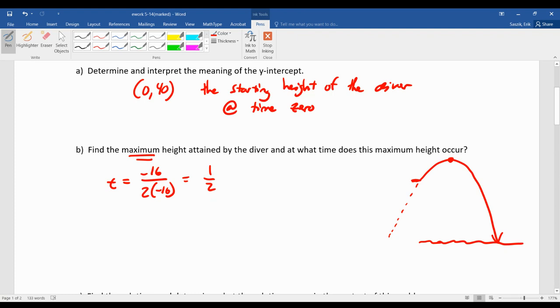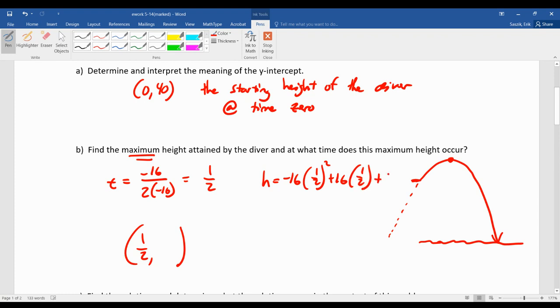Now, how are we going to get the actual height? We're going to take this 1/2 and plug it in, so our vertex is 1/2 comma something. Now, you're going to want to use your calculator to help you out here. Remember, our equation was h equals negative 16, but we're replacing t with 1/2 squared plus 16 times 1/2.